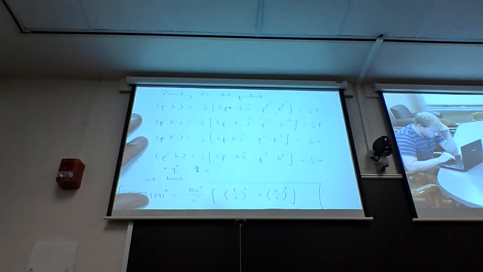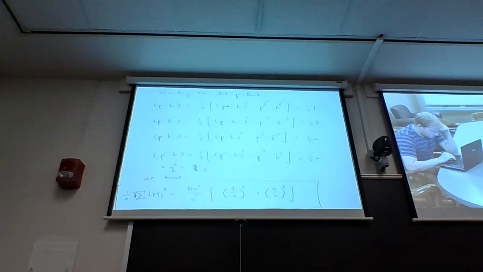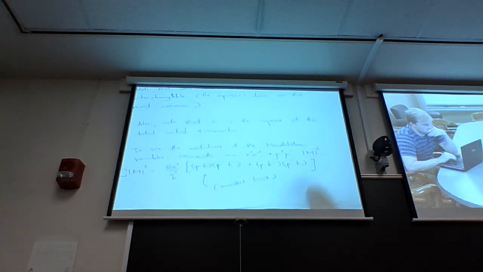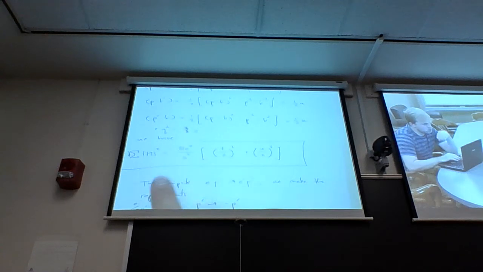So Q squared will give you S. I take those and plug them into our expression written in terms of dot products, and I get something that looks like this.